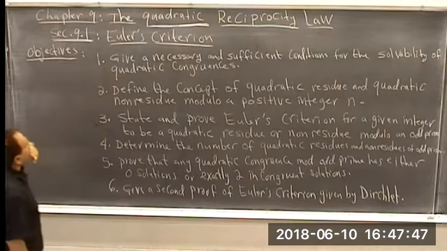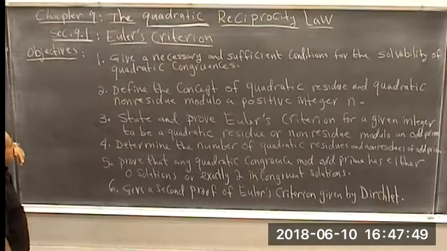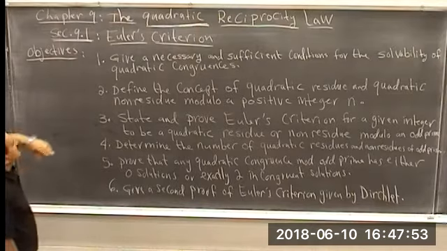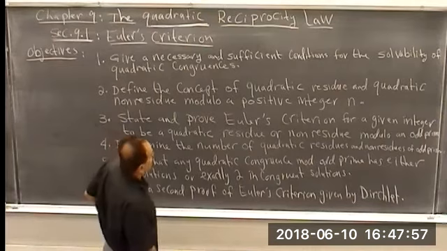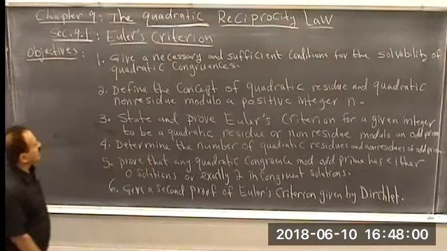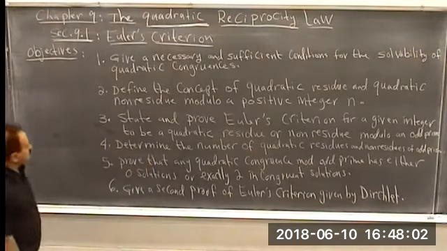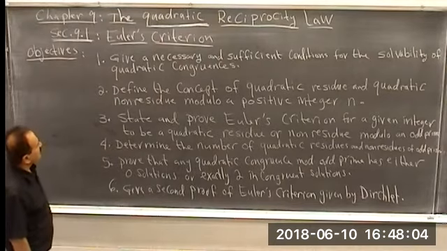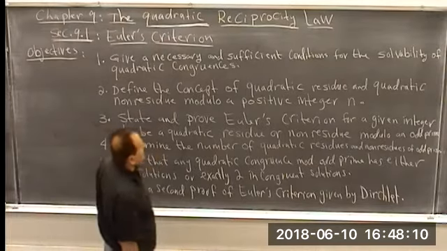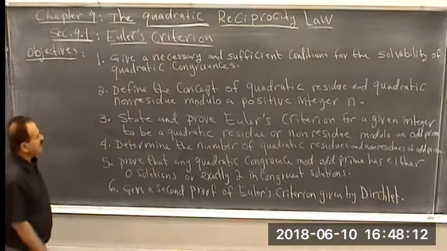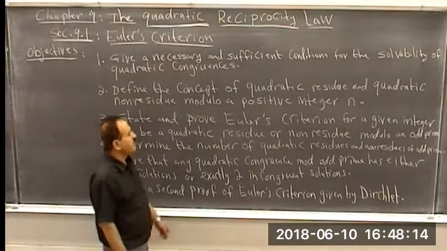Since the title, the quadratic reciprocity, has something to do with quadratic congruence equations, we're going to start with giving a necessary and sufficient condition for the solvability of quadratic congruences. Then we're going to define this concept of quadratic residue and quadratic non-residue modulo any positive integer n.